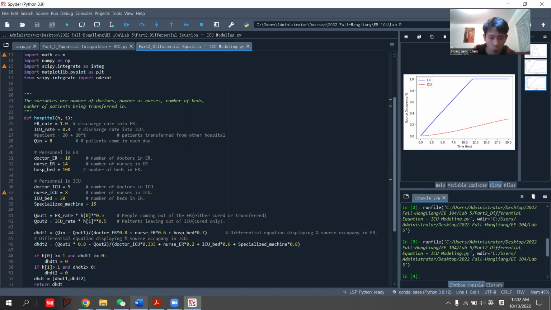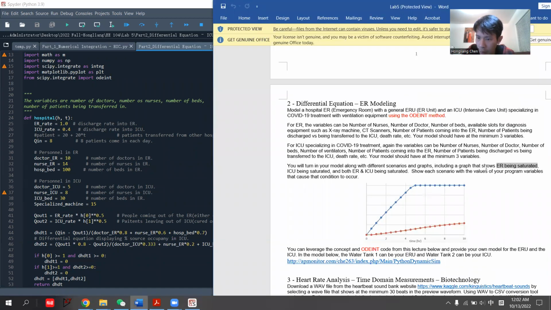So the requirement is to observe the ER modeling being saturated individually, the ICU modeling being saturated individually, and both ER and ICU modeling being saturated. Both modules should have at least a minimum of 3 variables.